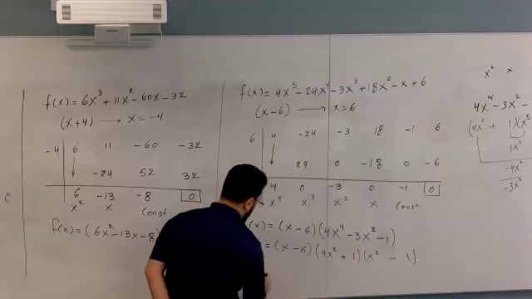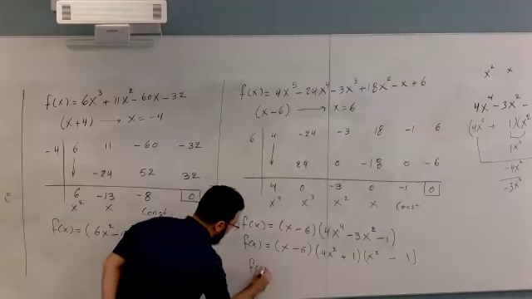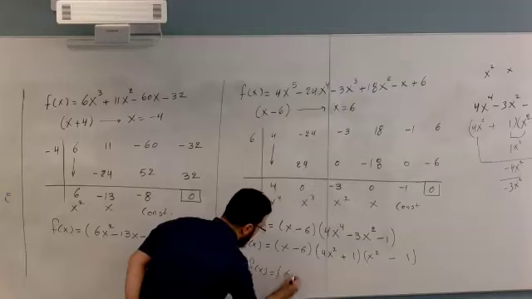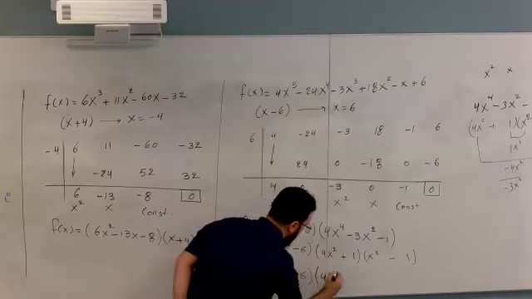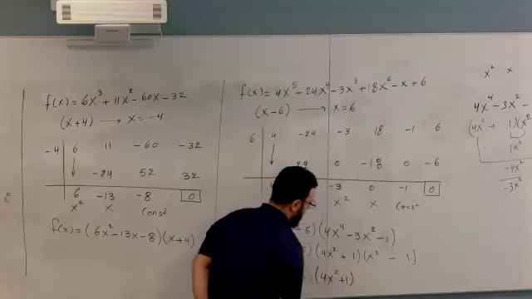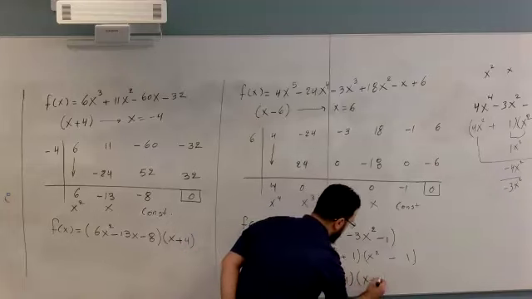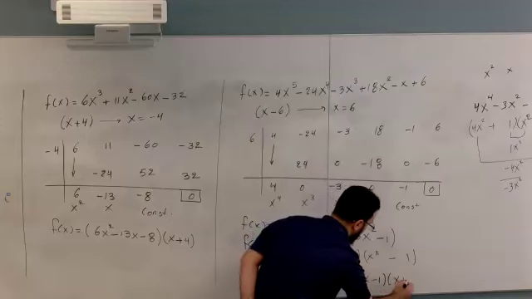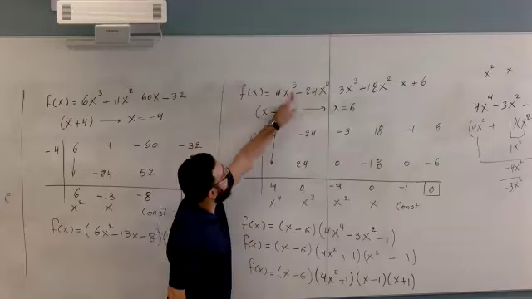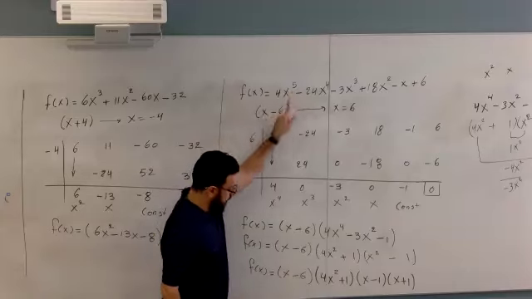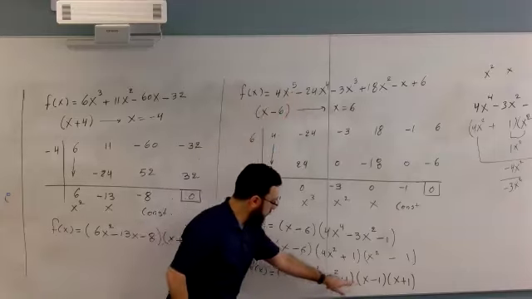So I can factor it more. Alpha of x equals x minus 6, this one is 4x squared plus 1, and it's x minus 1 and x plus 1. See, start from 5, factor it 1, 2, 3, 4.